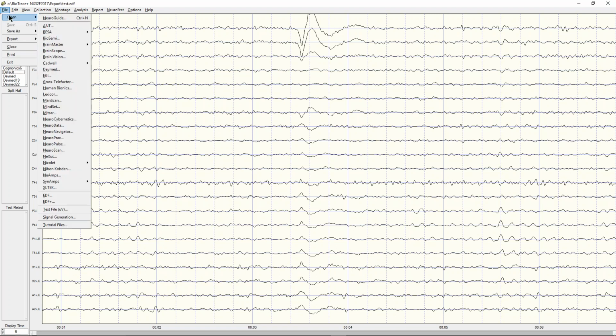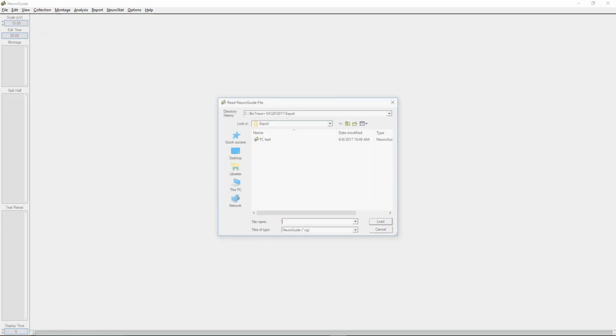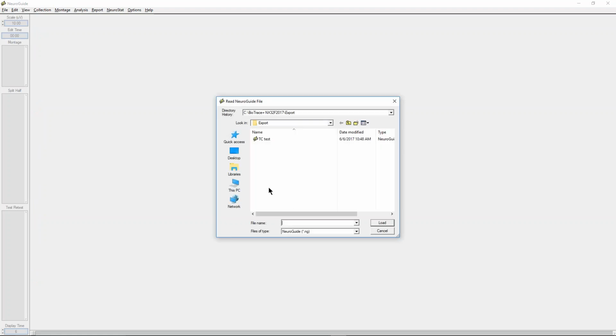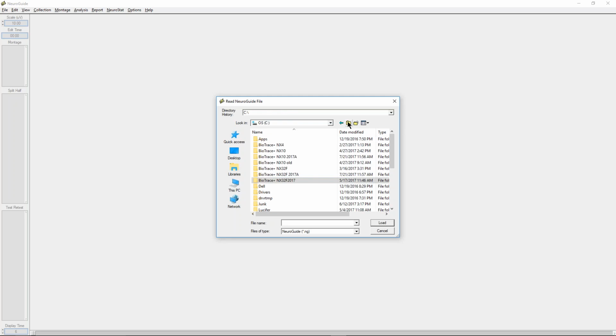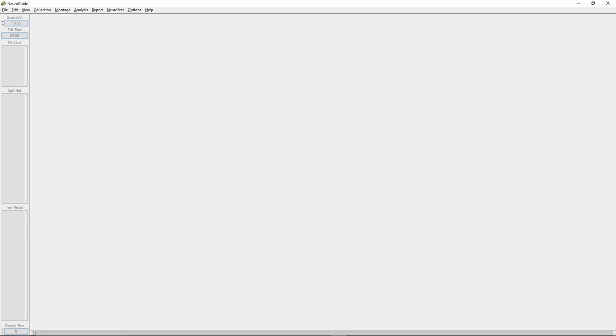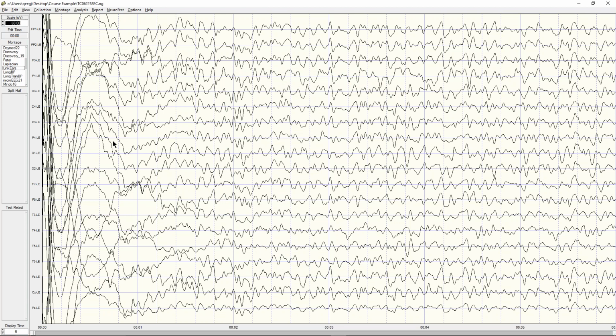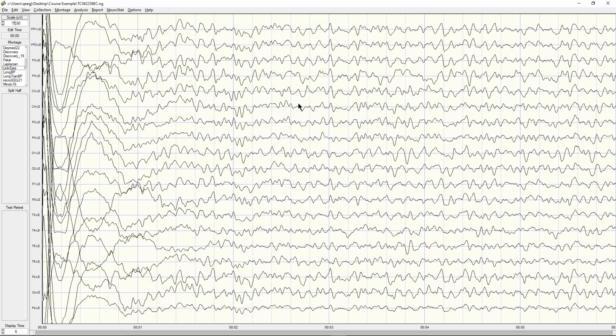So let's actually bring up our file that is a NeuroGuide file of an eyes closed file. Let's go to the desktop, our course examples, eyes closed. And again, here we have our test case. We see we're in our linked ears montage, and our scale is a little bit more appropriate. Let's change it to 75 microvolts.